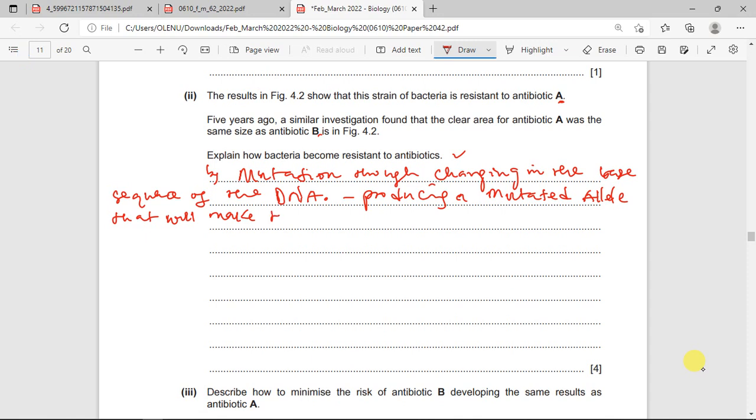That will make the bacteria survive and reproduce, passing the allele to its offspring.